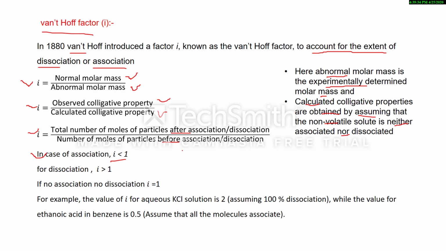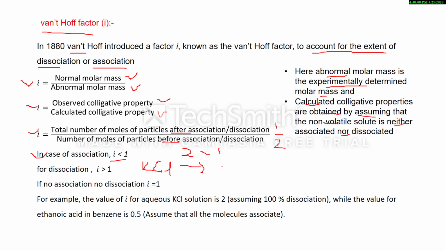In acetic acid, two molecules will convert into one molecule. So we can say after association we get 1 and before association we have 2, that is 1 by 2. This is less than 1. In case of dissociation, i is always greater than 1. Again, we have discussed the example of potassium chloride, KCl.